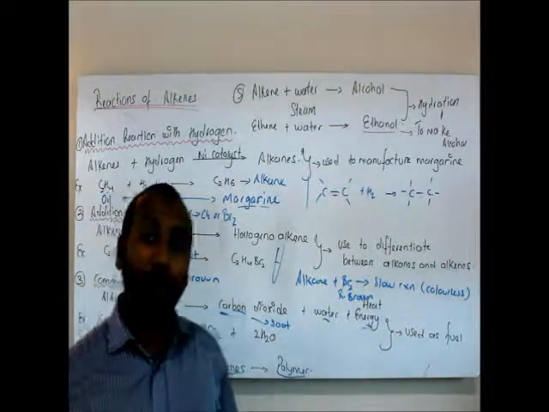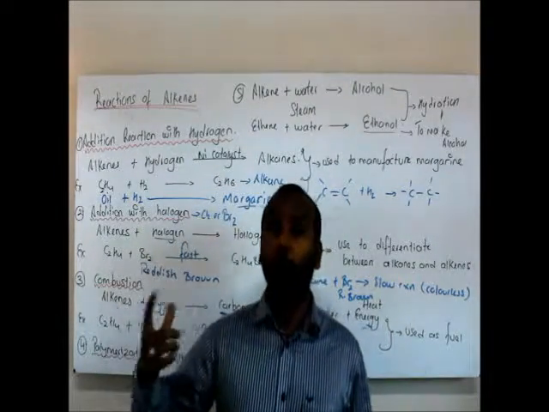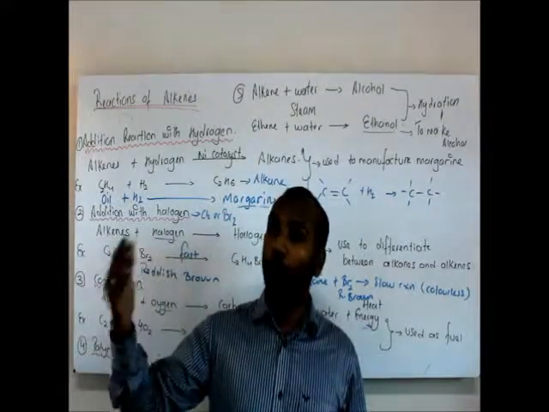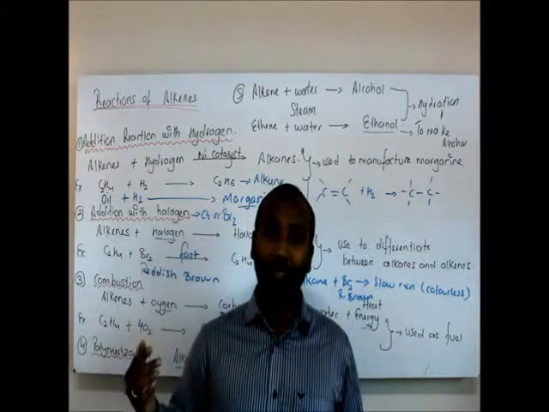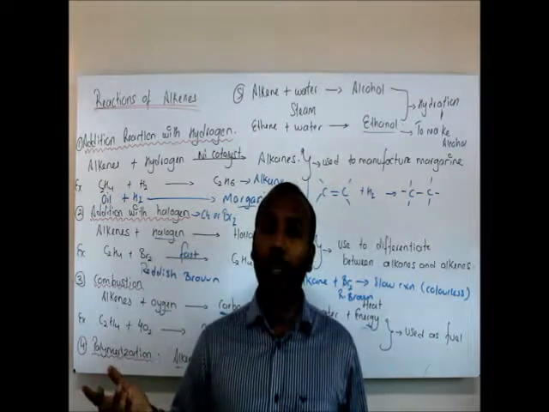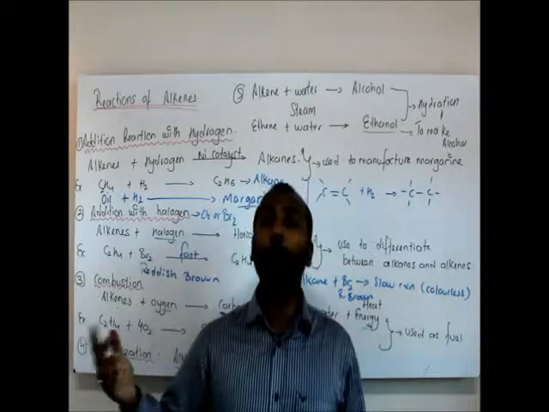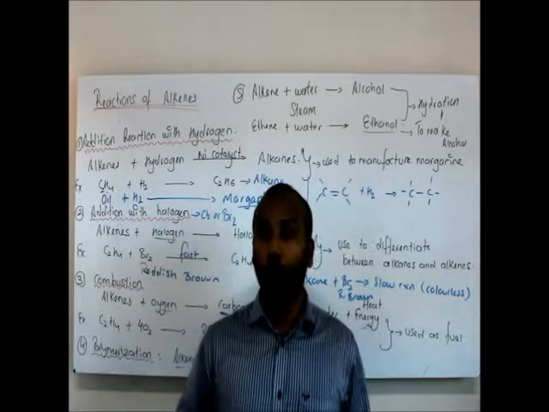Why will it form like that? Because unlike alkanes, it contains less hydrogen and more carbon. This is why it will form more soot and less heat energy. So for these reasons, alkenes are not the preferred source of fuel. We rather use alkanes instead of alkenes for fuel.